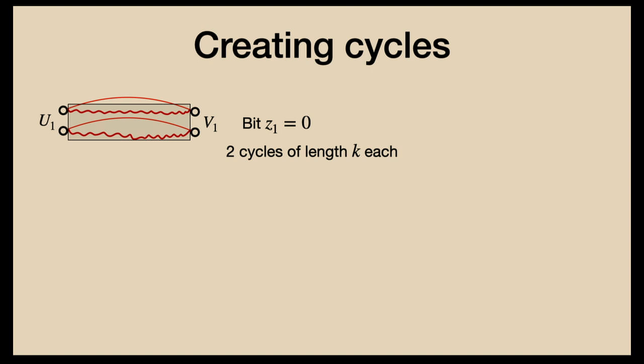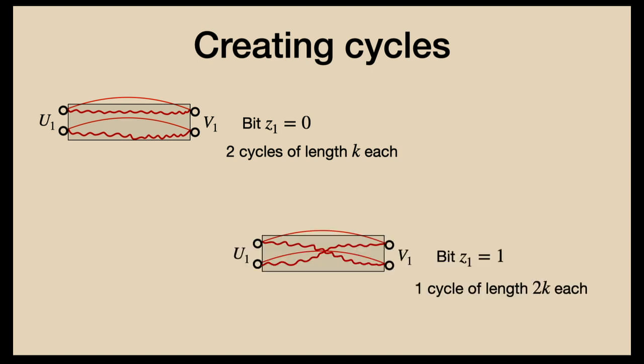So this will give me 2 different cycles, which are of length k each. And if this bit was 1, I'm going to have just one cycle of length 2k, because this will be of length k, you go back, length k minus 1 again, and you go back. So it's going to have just one cycle of length 2k.